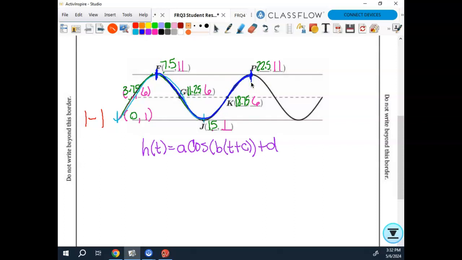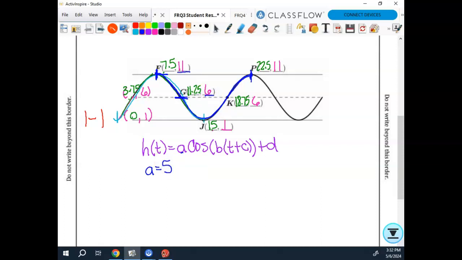So I got to figure out A. A is the amplitude. It is the distance from the midline to the max or min. That is a vertical stretch or compression. That affects the y values. So I'm looking at the y values when I do that. From 6 to 11, that is 5.